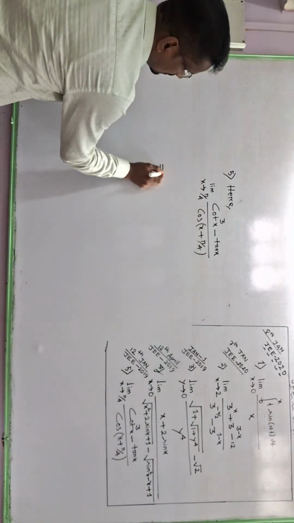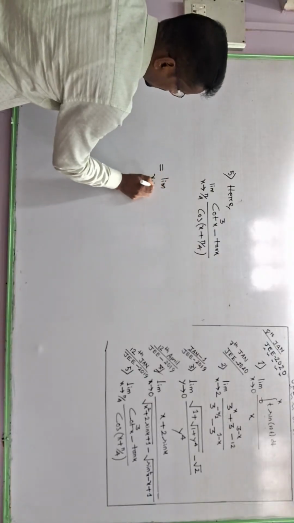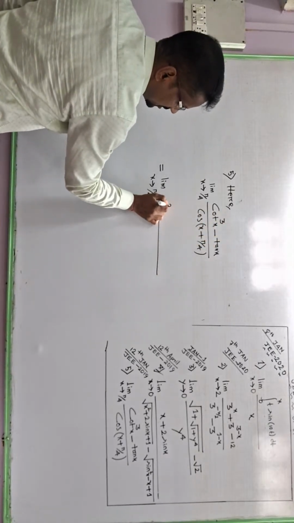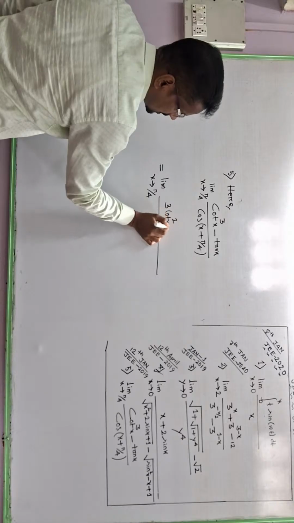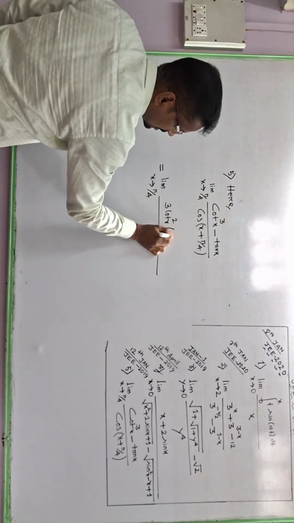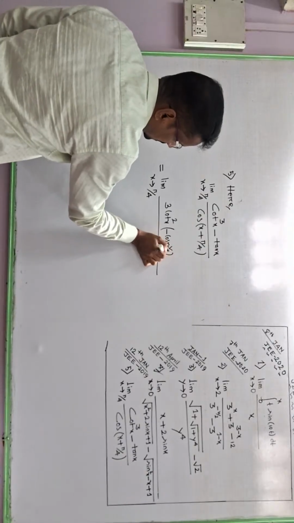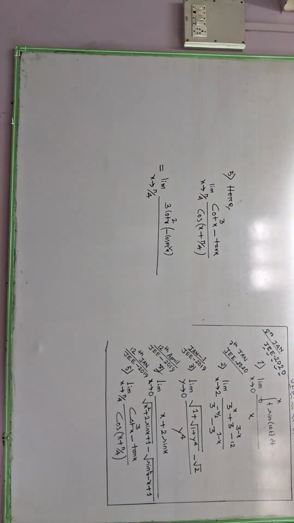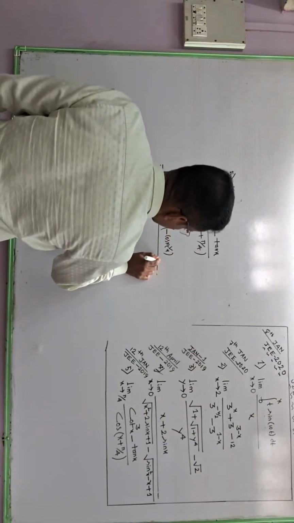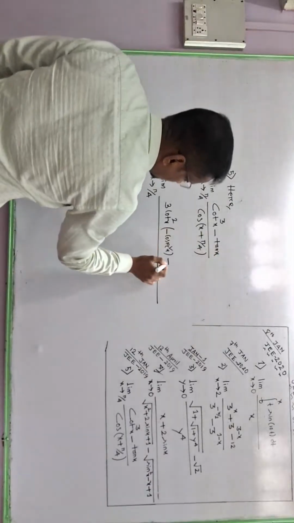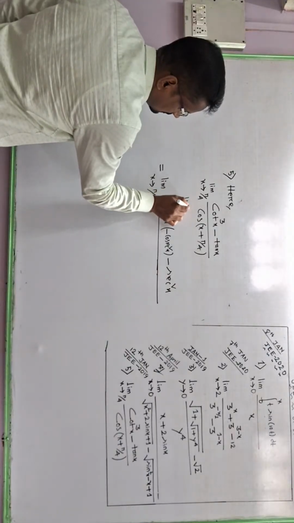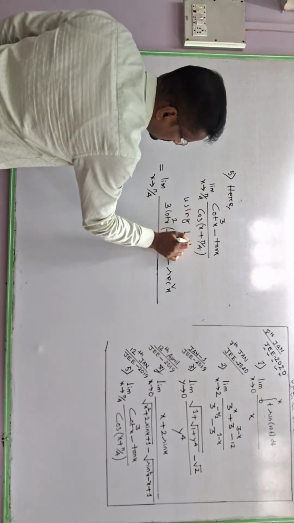Let us apply L'Hospital's rule, x tends to pi by 4. Derivative of this is 3 cot square x, again d/dx of cot x is minus cosec square x, minus derivative of tan x is sec square x, using L'Hospital's rule.